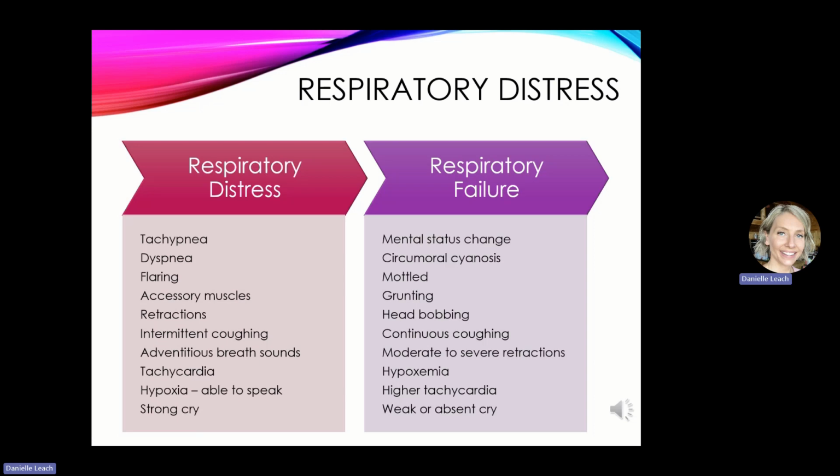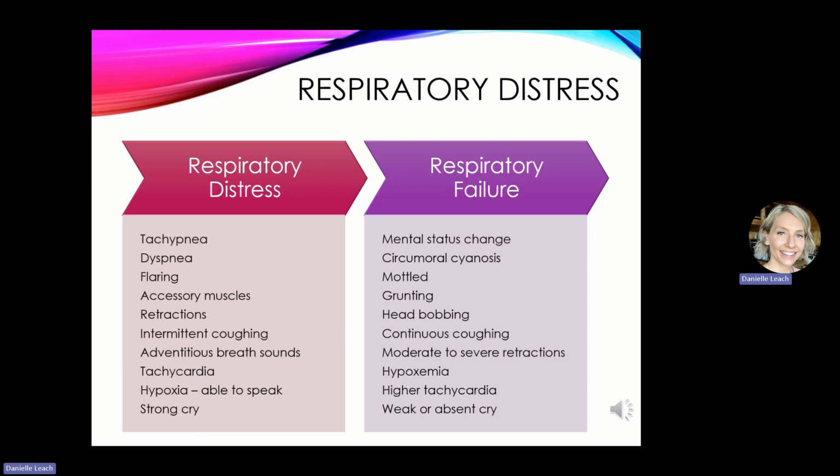They could start grunting, which sometimes sounds like crying if it's a baby, but it's more of a grunt sound, which means they're having trouble breathing. Head bobbing, which is like accessory muscle use, results in the head bobbing up and down. They may be coughing continuously or nearly continuously.